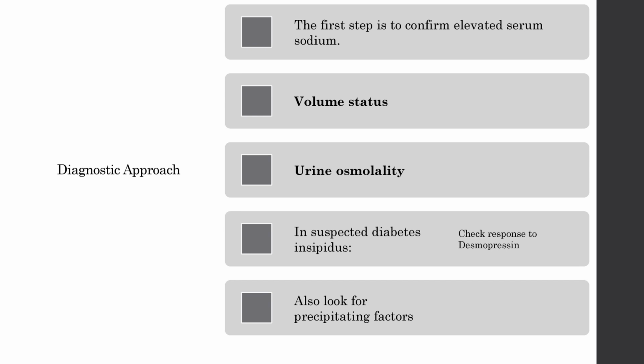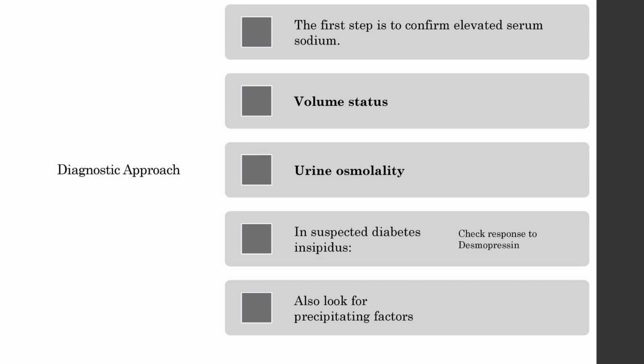The first step is to confirm elevated serum sodium. Next, assess volume status. Is the patient hypovolemic, euvolemic, or hypervolemic? Check urine osmolality. Urine osmolality provides valuable information.